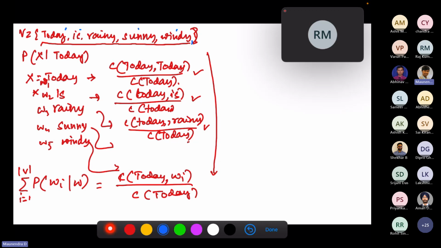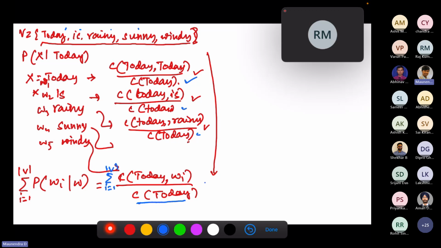Now, if we add all these up, i equal to 1 to V, since the denominator is the same for all these and does not depend on i, I can take it outside and push the summation to the numerator. So it becomes like this.